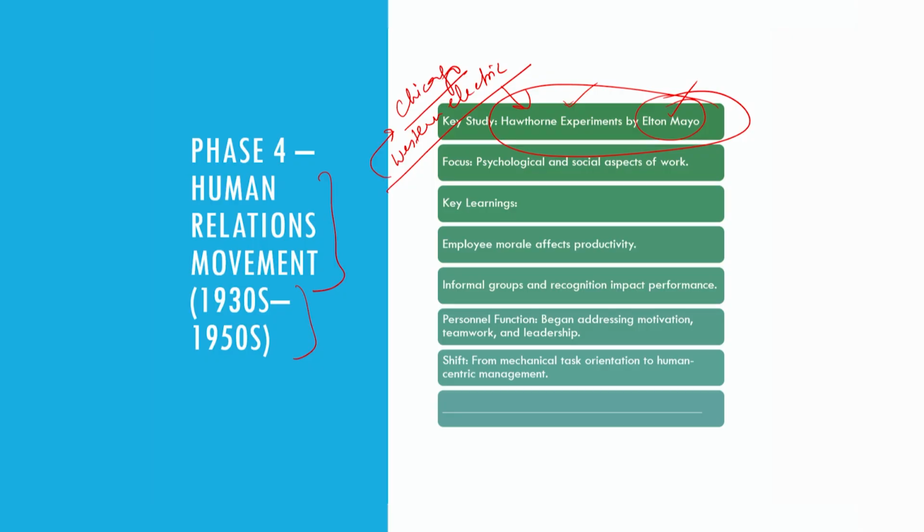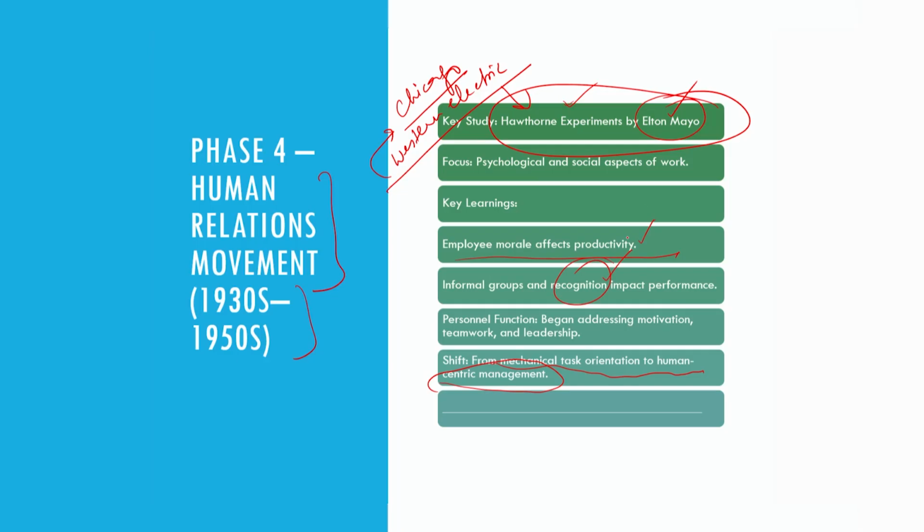So with such experiments, the researchers during this era highlighted a shift from mechanical task orientation to human-centric management. This experiment showed that employee morale affects productivity, and that informal groups and recognition impact performance.